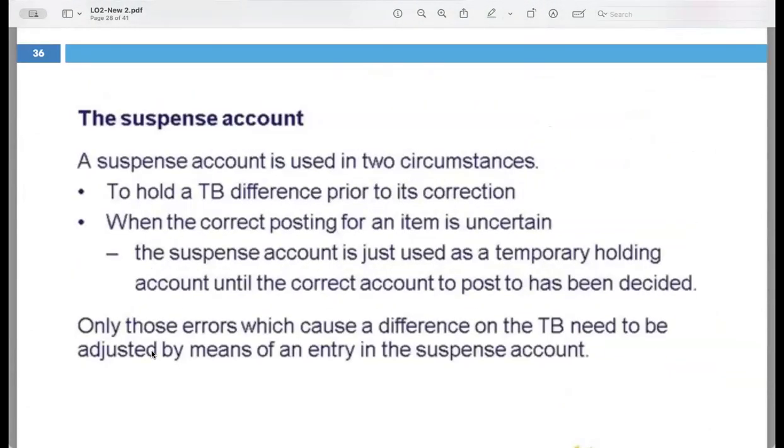The suspense account serves two main purposes in accounting. First, it temporarily holds the difference identified in the trial balance until it is corrected.